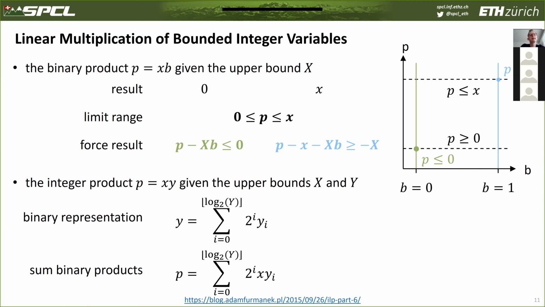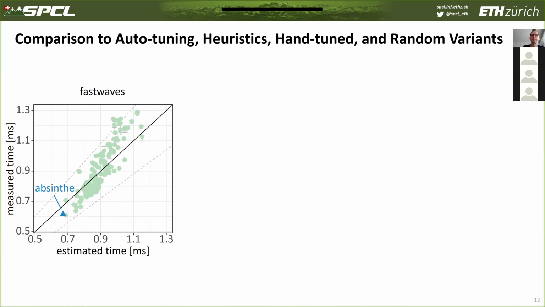And we then can compute p as the sum of many of these binary multiplications. So here we see why we need an upper bound. Basically, we need it first of all in the constraints, but we also need to know how many of these binary variables we need. And this is also the cost of this. So introducing lots of these binary variables has substantial costs when optimizing the ILP.